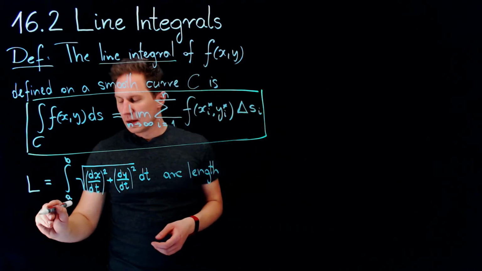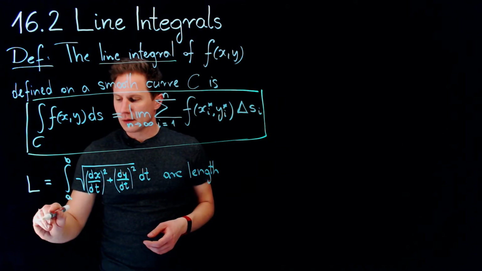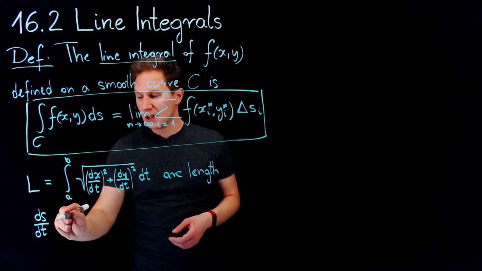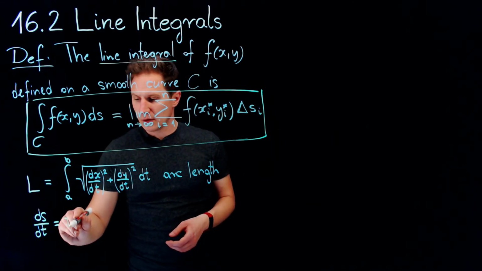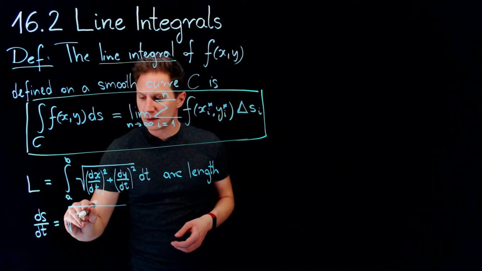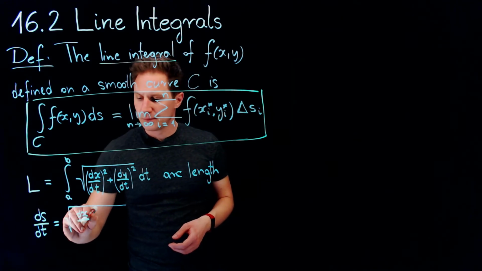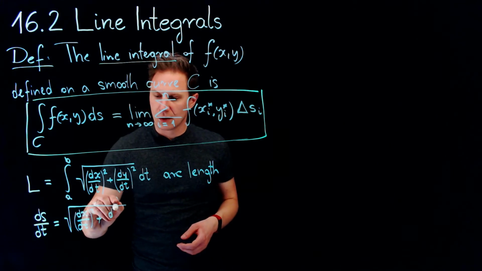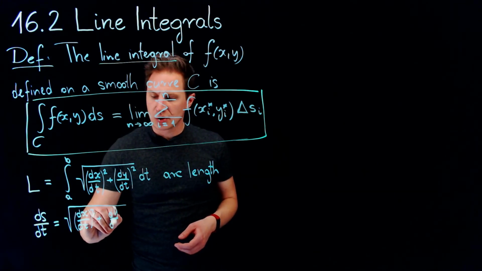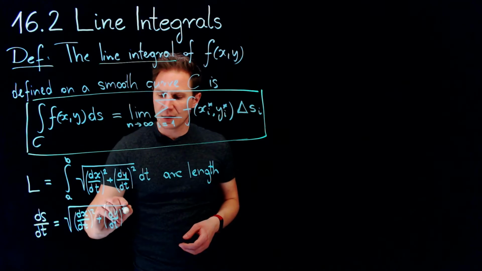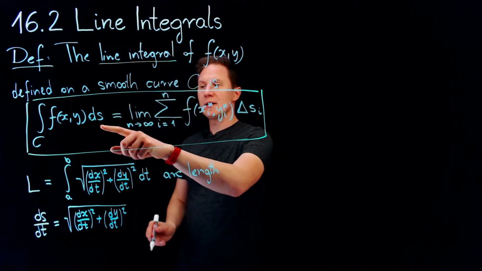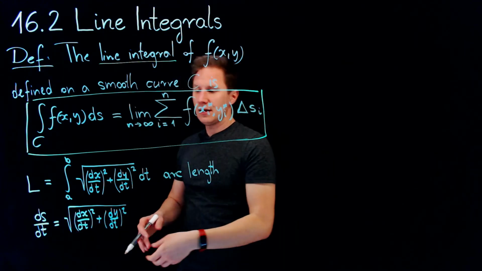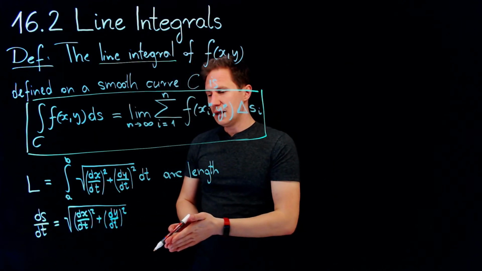And similarly, we've seen that the arc length function differentiated with respect to t is actually just what we have there in the integrand. So with this, we can change from integrating with respect to s, the arc length parameter, to any parameter t.